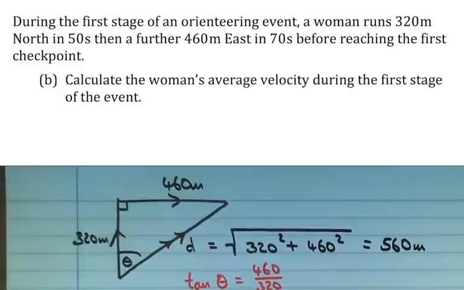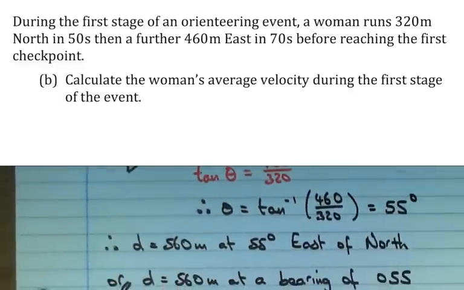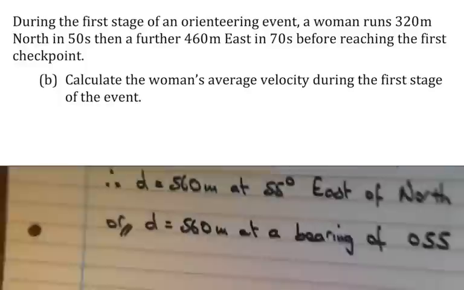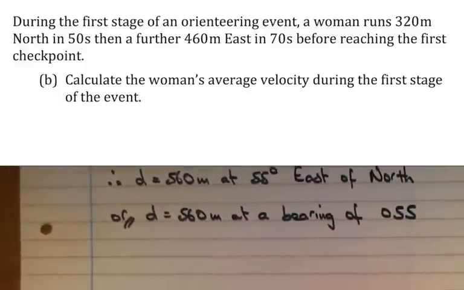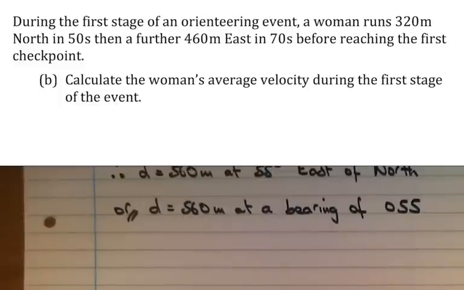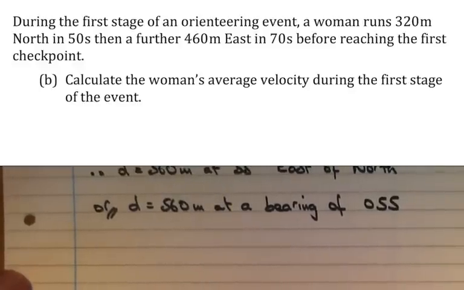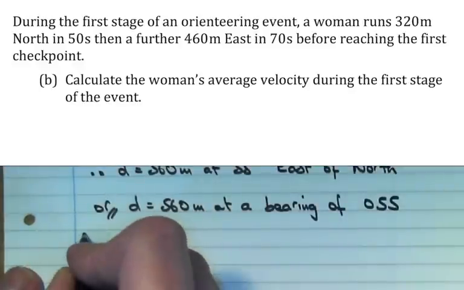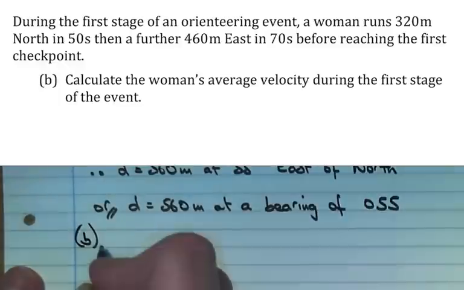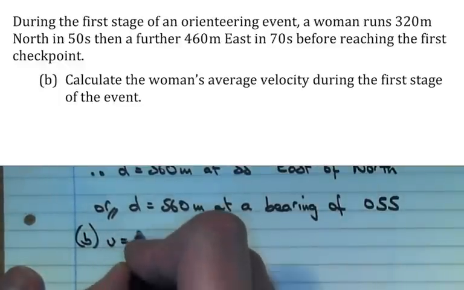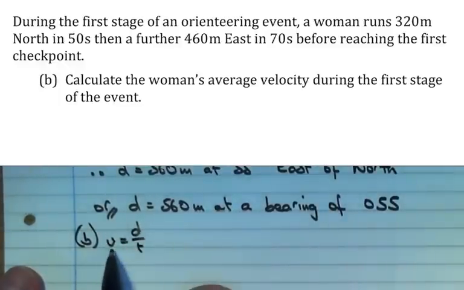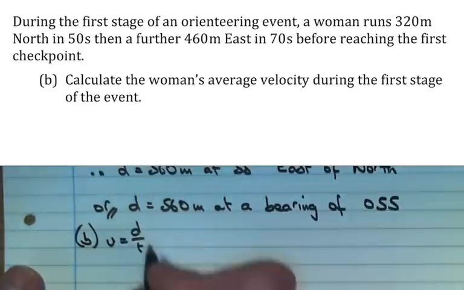Okay, now we weren't asked that. We were asked to find the displacement, which is why we're using vector addition, and we were asked to find, in this case, the velocity. So it's saying calculate the woman's average velocity during the first stage of the event. This looks like the same equation as if we were working out speed, but when we're using V equals D over T, V rather than representing speed is now velocity, and D is not distance, it's displacement.